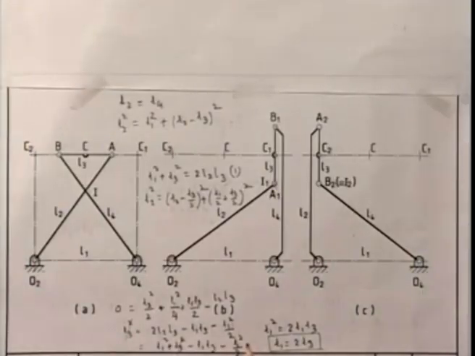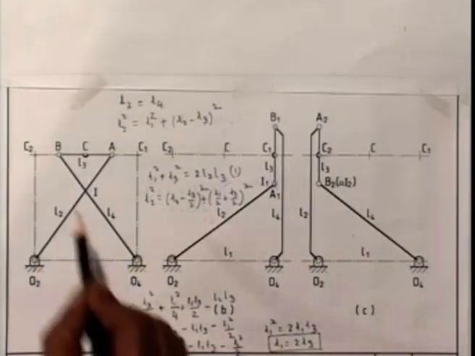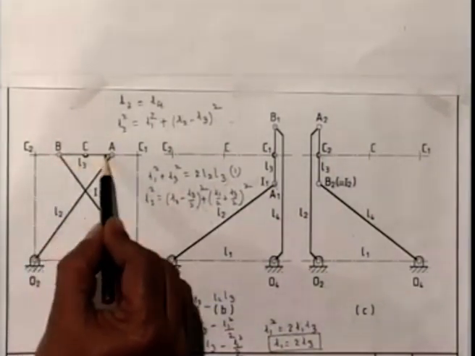So from this expression, if I cancel L3 squared from both sides, I am left with L1 squared minus L1 squared by 2 minus L1 L3. That is, L1 squared is twice L1 L3. If I cancel one L1, what we get? L1 is 2L3. That is, the fixed link length O2O4 is twice the coupler length AB.